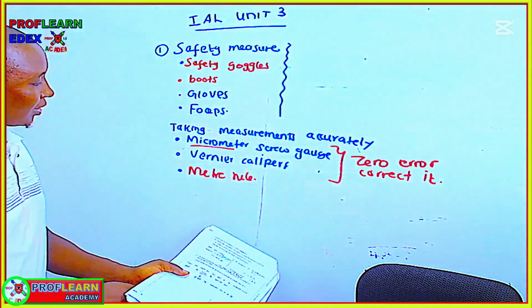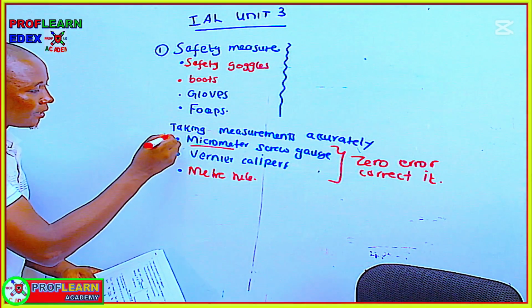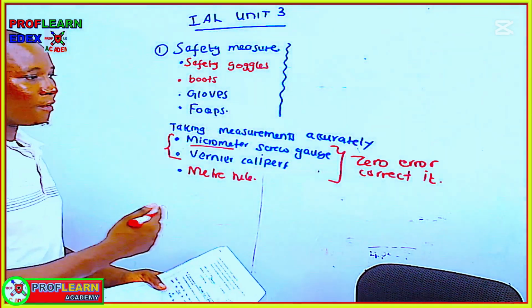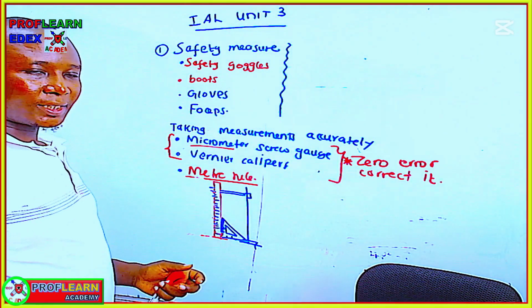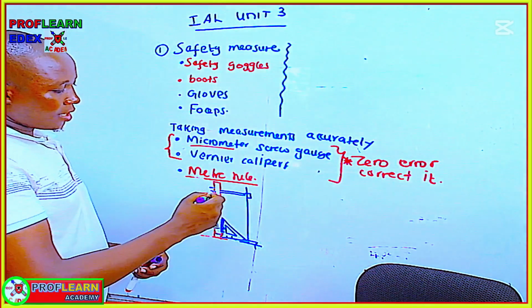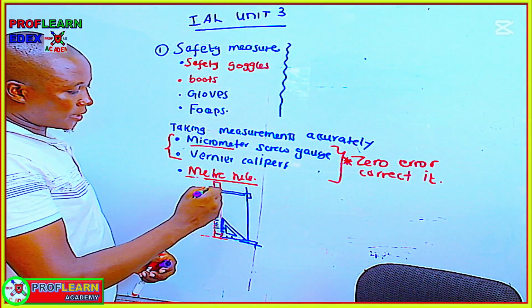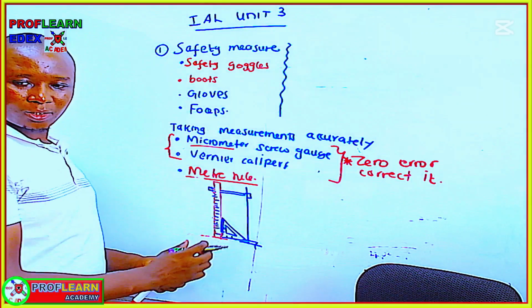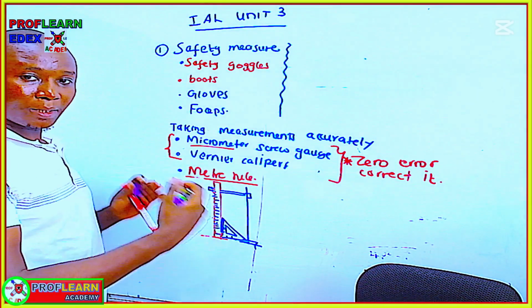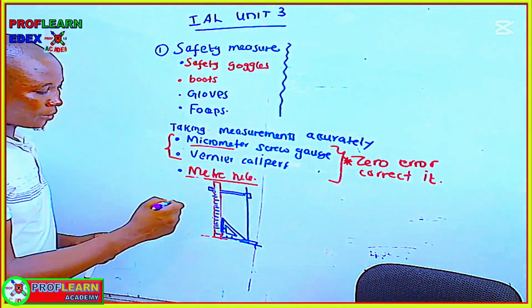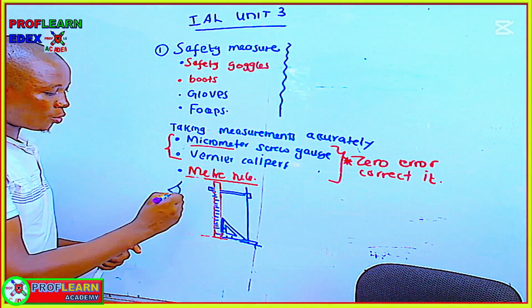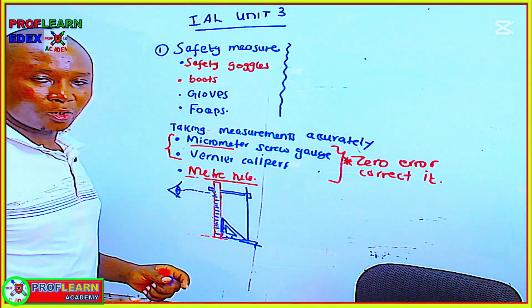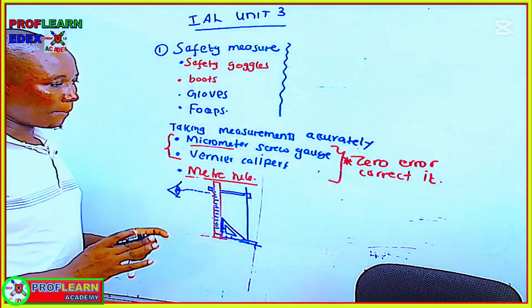Anytime you are using a meter rule to measure the height accurately, you need to clamp it in position and then use a set square to check whether the ruler is vertical. Then you can take the measurement. Also, ensure your eye is positioned perpendicularly so that we can avoid the error of parallax.